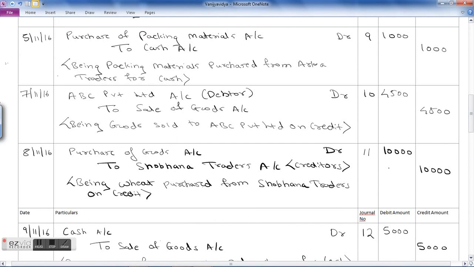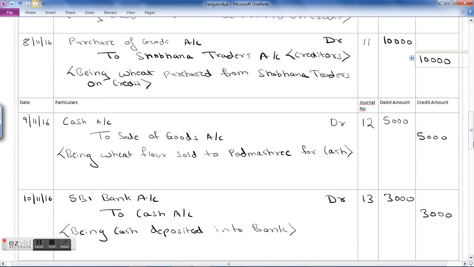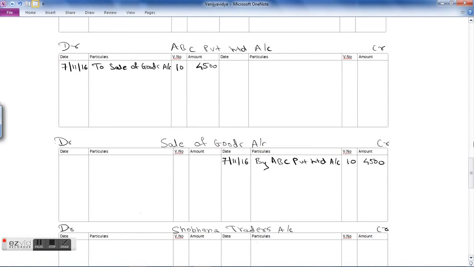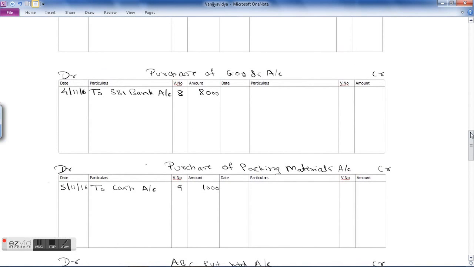Okay, next is transaction number 11. Purchase of goods account to Shobana Traders account. Okay, amount is 10,000, entry number 11. So let's go to purchase of goods account.